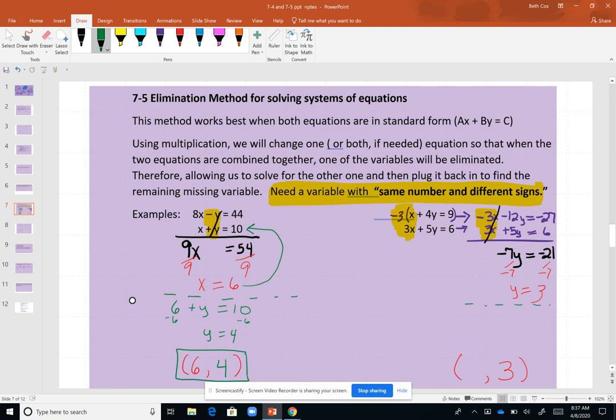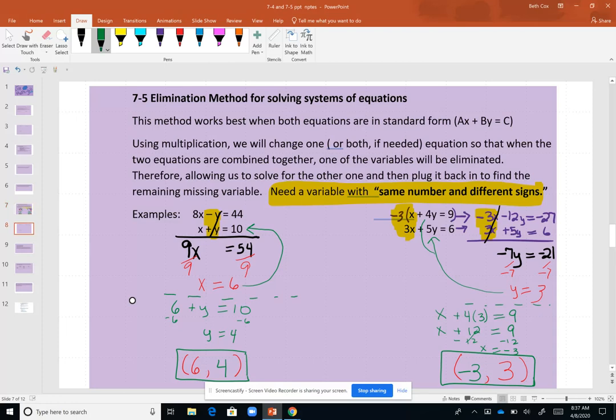It does not matter where you put the y. You can put it in the bottom one or the top one, whichever one you like best. So I'm going to put it in the top one. So it'll be x plus 4 times 3 equals 9. So that's x plus 12 equals 9. Subtract 12 on both sides, and I get x is negative 3. So that's my x, and there's my final answer.